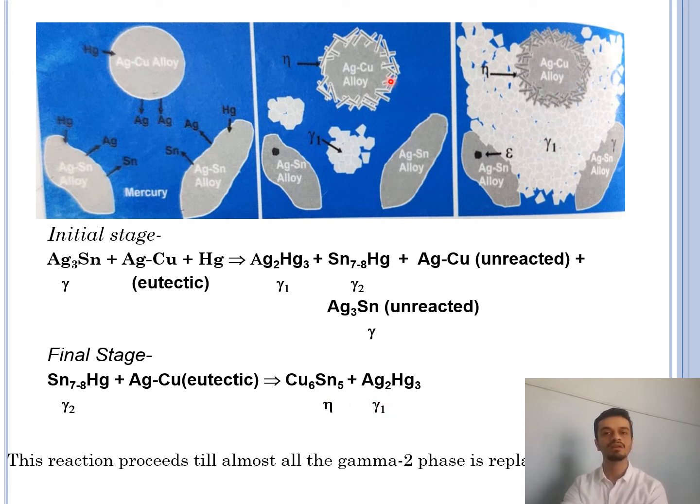We can appreciate here the presence of unreacted silver copper alloy surrounded by meshes of Cu6Sn5 crystals. We can say that the final set amalgam restoration consists of unreacted silver copper alloy surrounded by the meshes or rods of Cu6Sn5 crystals, embedded in the matrix of gamma 1 alloy. Also there is the presence of epsilon phase in smaller quantities.